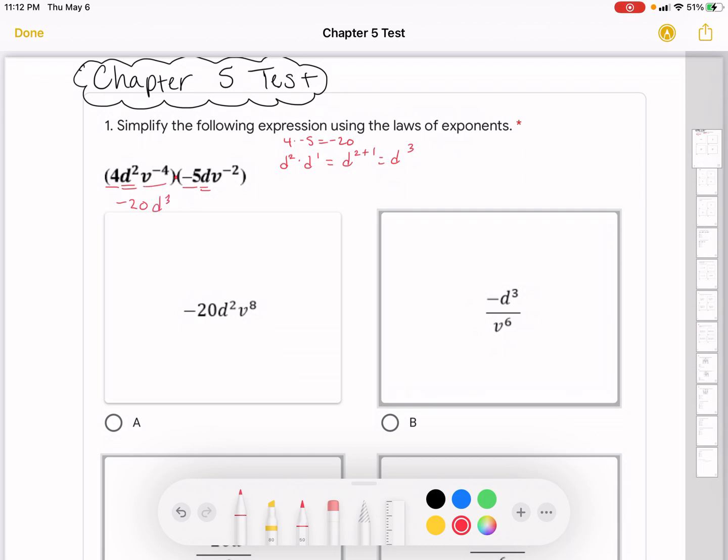Then for v, we have v to the negative 4 times v to the negative 2. Again, when you multiply, you add exponents, so that becomes v to the negative 6. We also learned that if you have negative exponents, you rewrite your answer as a fraction, and you move anything with a negative exponent to the denominator to make it positive. Everything else stays on top.